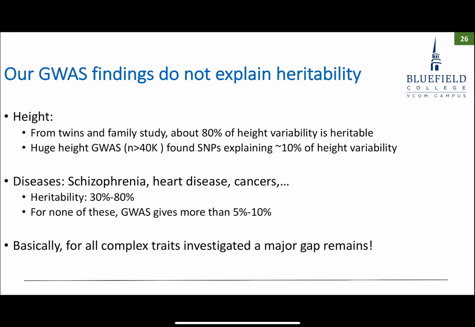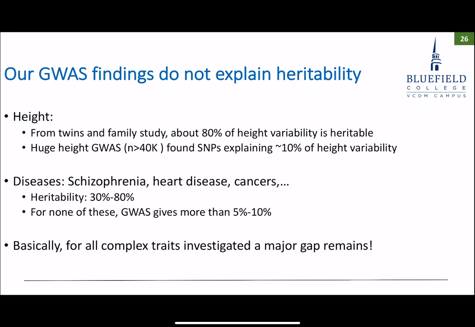For example, for height, from twins and family studies, we know that the heritability is 80%. So it's high, but from huge GWAS studies that involved more than 40,000 subjects, GWAS explained only 10% of the height variability.